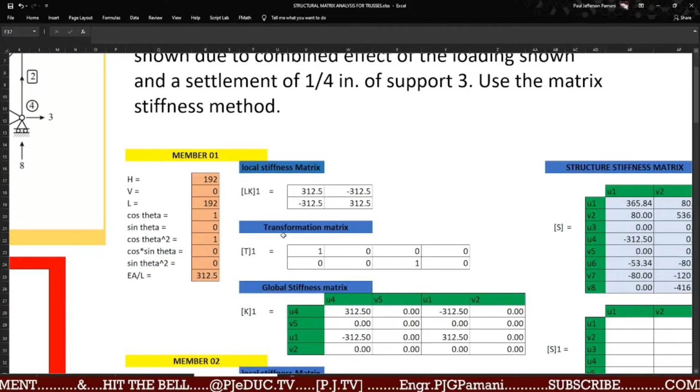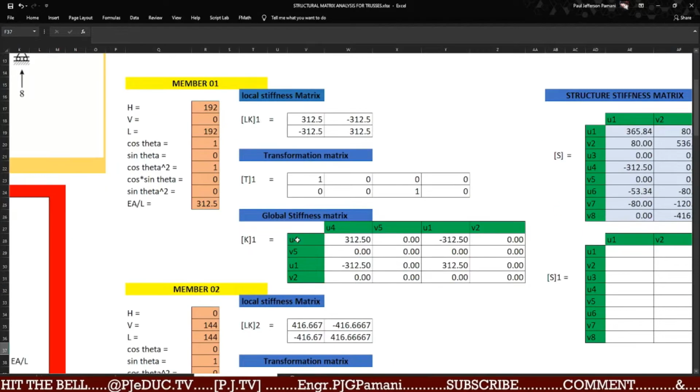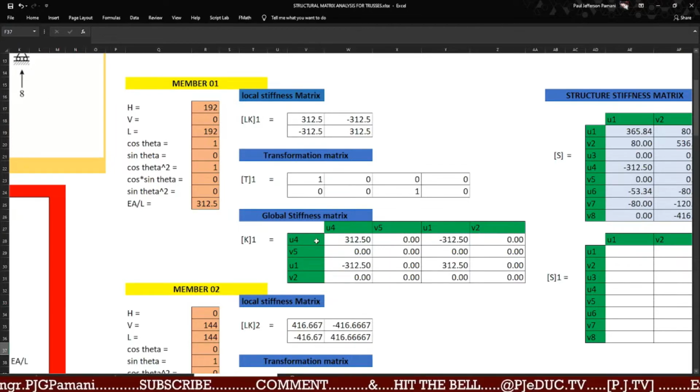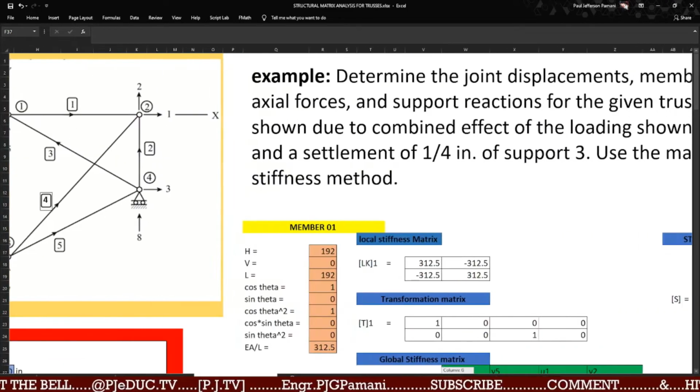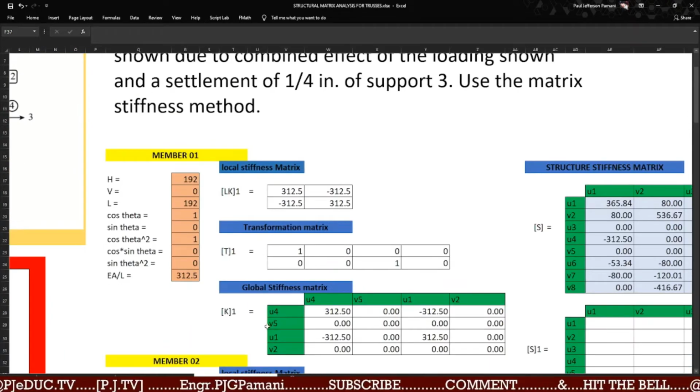Then next is to provide your transformation matrix and your global stiffness matrix, then properly number it using the near and far nodes as you have specified on our figure for each member, just like what we did on example number 2. So U4, V5, U1, and V2, then the same goes for its columns.